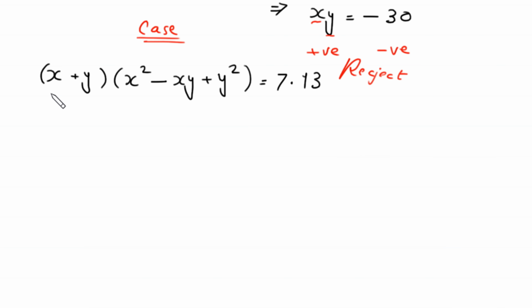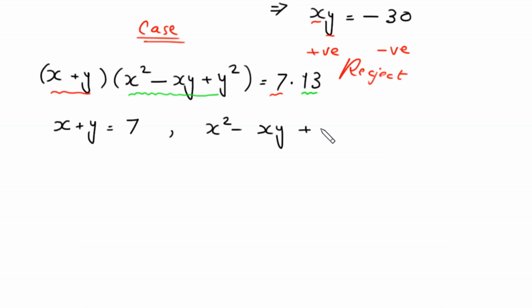Now we write this smaller factor x plus y equal to this smaller factor 7, and we write this greater factor x squared minus xy plus y squared equal to this greater factor 13, like this. x plus y is equal to 7, and x squared minus xy plus y squared is equal to 13.